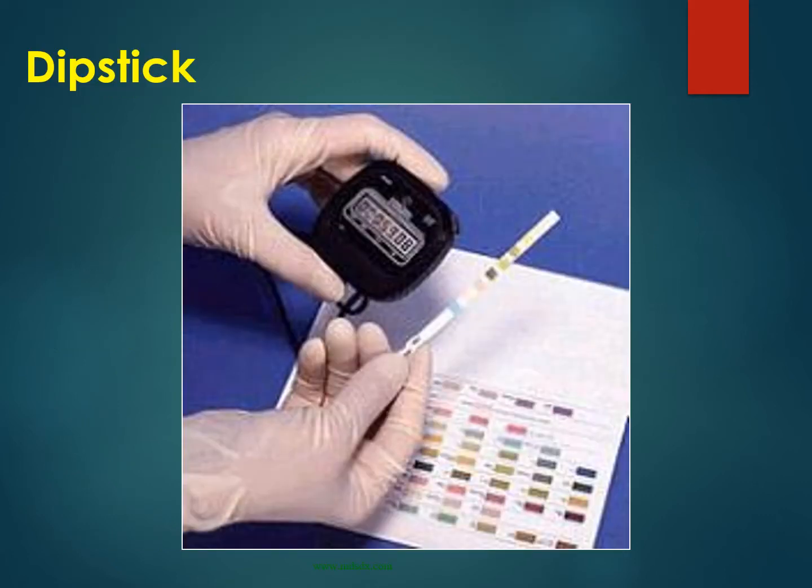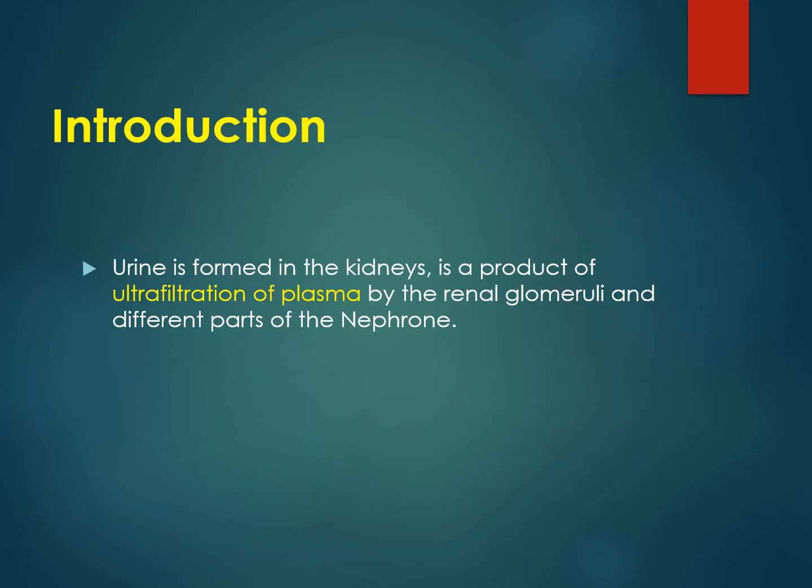Most urine analysis currently is done by what is known as the dipstick, exactly as in this picture. In front of each color there is a certain number to give 1 plus, 2 plus, 3 pluses, and each of them means something to be interpreted. We shall explain this in the coming slides.